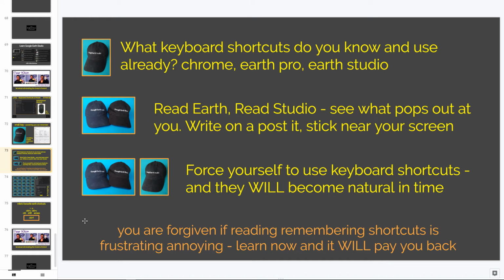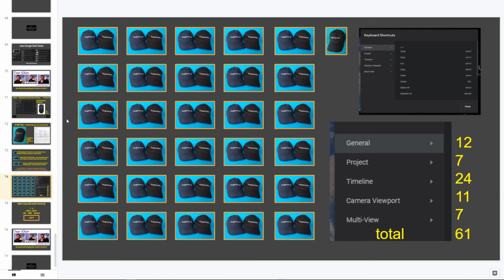And the final part at the bottom, and that is that you are forgiven if reading and remembering shortcuts is really frustrating and annoying. Learn them now and it will pay you back. I promise. Where we can see that in the Google Earth Studio shortcut menus, I've totaled it up, and we've got general product, timeline, camera viewport and multi-view.